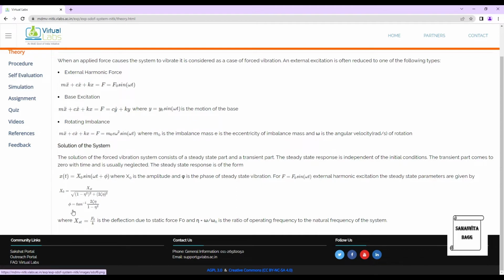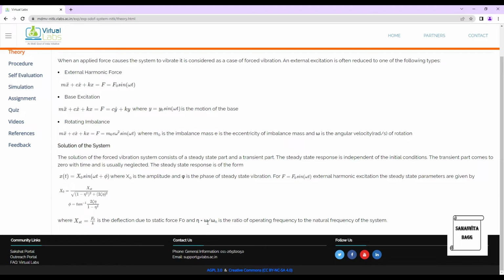And phi, that is the phase angle, can be given as tan inverse of 2 zeta eta upon 1 minus eta square. Now this x st is f naught upon k. It is the deflection due to static force f naught, and k is the stiffness of the material.